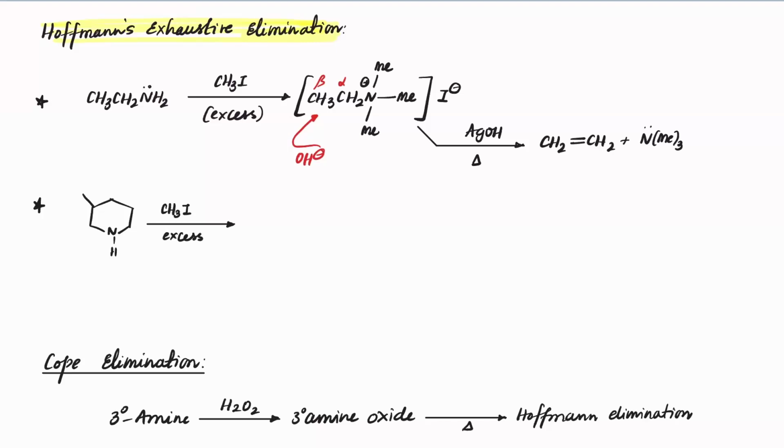So basically, if you have 1-degree amine, you keep on reacting with methyl iodide, which we call methylation. And if you do it in excess, you will get a lot of methyl groups here. You convert into a quaternary ammonium salt. And when you react with Ag2O and heat, it will convert into an alkene and amine.